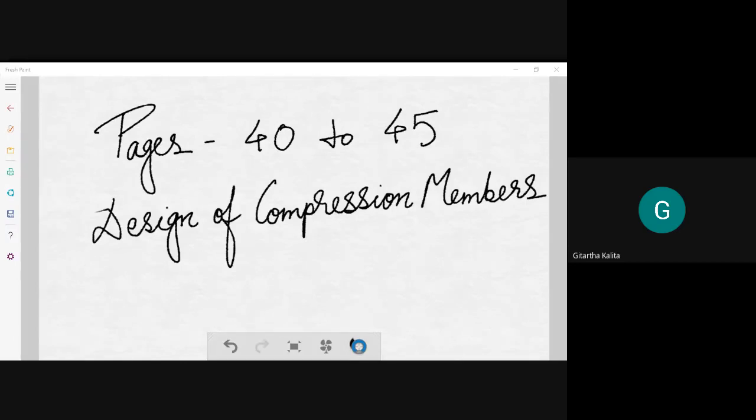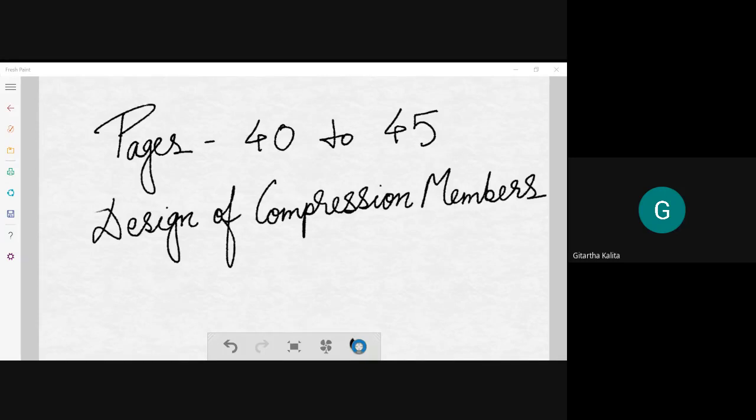In page number 44, please type Y if you have opened these pages in your IS code. I want this to be an interactive session. Whoever has their IS code at hand, please type Y. Okay, good.